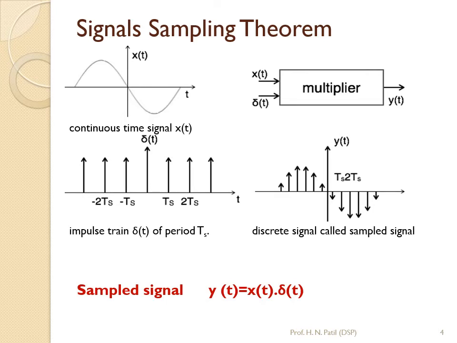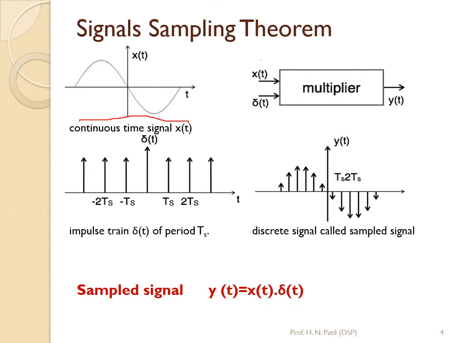Consider the continuous time signal represented by x of t. So this is our signal x of t, which is a function of time. This signal gets multiplied with a multiplier, and this multiplier is nothing but the impulse train delta Ts of period Ts.